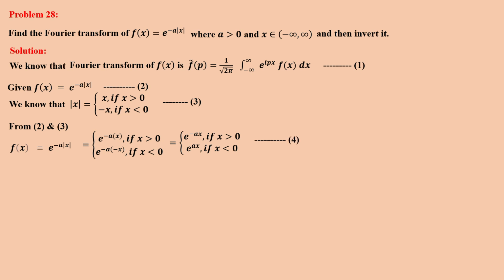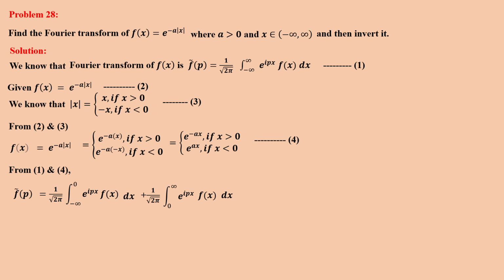We are going to use 4 in 1. So first we are going to split the integral. The integral in 1 is from minus infinity to plus infinity, so the first limit is x less than 0, that is minus infinity to 0, and x greater than 0 means 0 to infinity. So we are splitting 1 into 2 integrals, which is equal to 1 by root 2 pi integral from minus infinity to 0 of e^(ipx) f(x) dx plus 1 by root 2 pi integral from 0 to infinity of e^(ipx) f(x) dx.